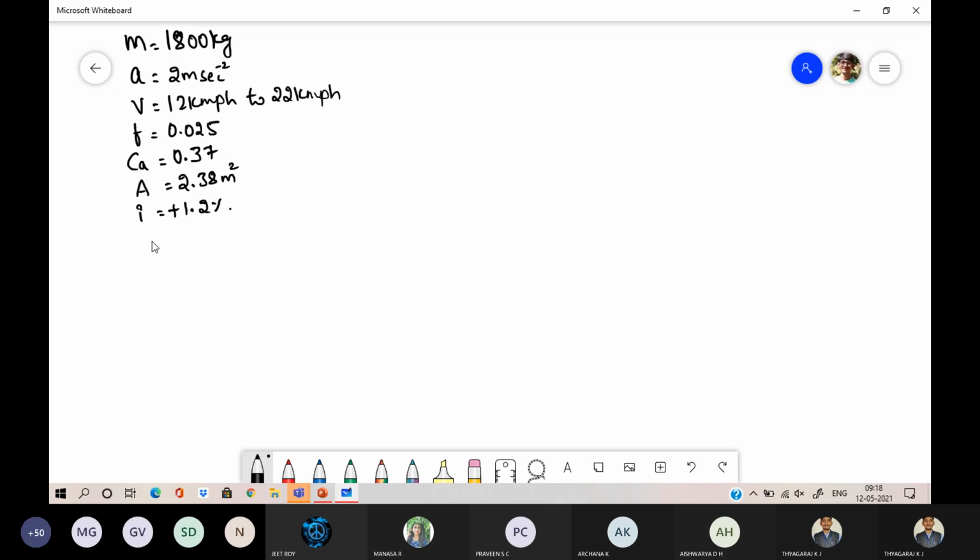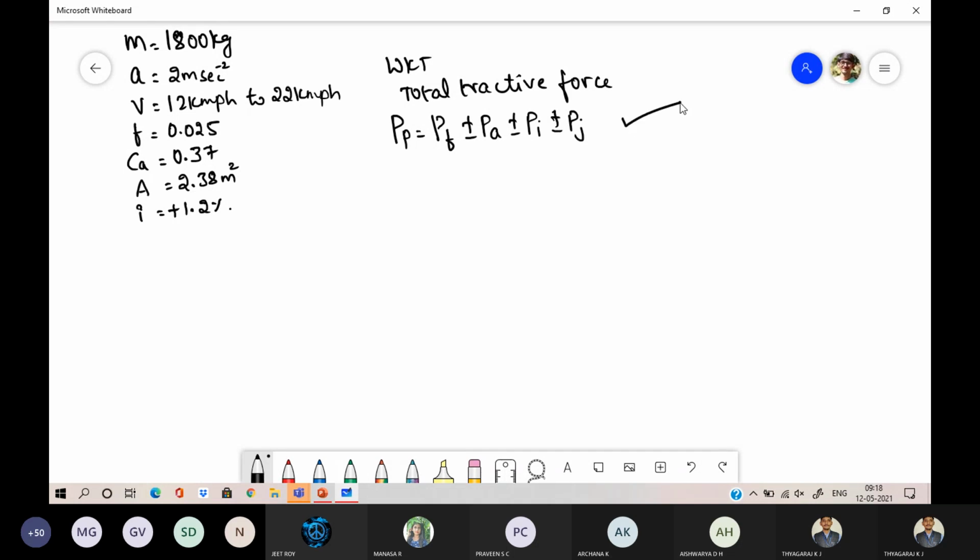Now the first thing, make a note. We know that the total tractive force PT is equal to PF plus or minus PA plus or minus PI plus or minus PJ.